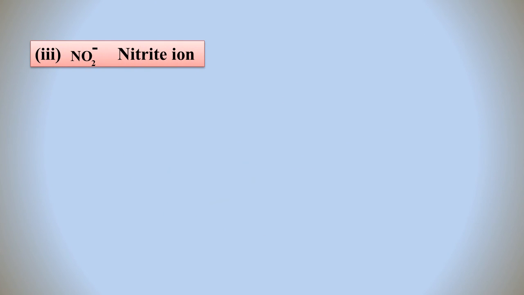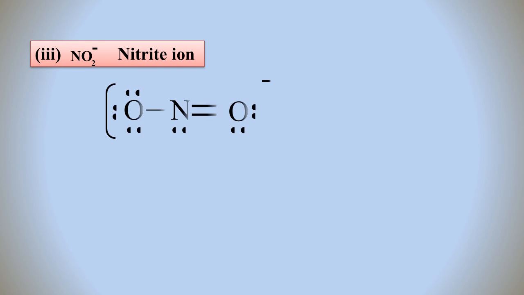We have another example, nitrite. Nitrite NO2 negative. If we write or draw the NO2, the first one here in the middle we have nitrogen, and nitrogen surrounded by 5. We have here at the ends oxygen, oxygen surrounded by 6.